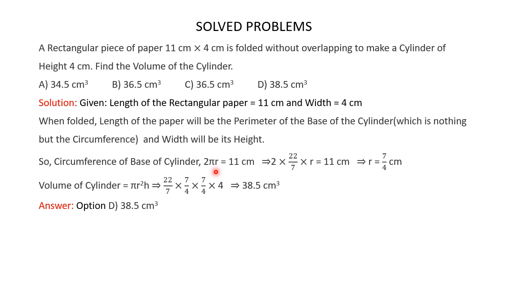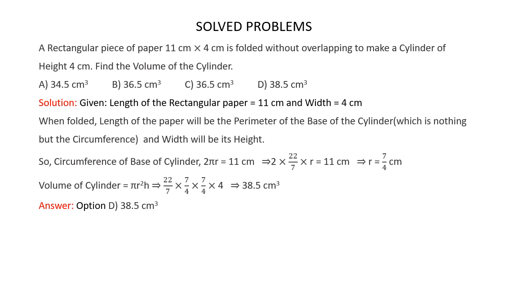This means 2 pi r is equal to 11 centimeters. Now the value of pi is 22 by 7. This means 2 multiplied by 22 by 7 multiplied by r is equal to 11. On solving this, we get r is equal to 7 by 4 centimeters.